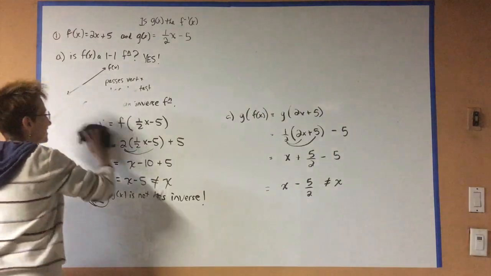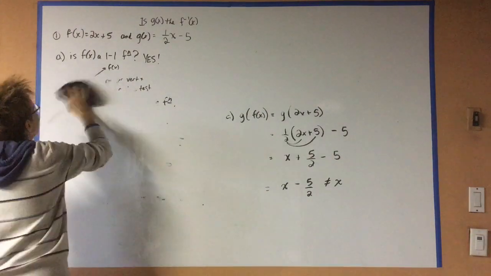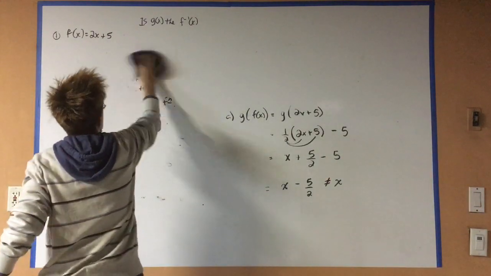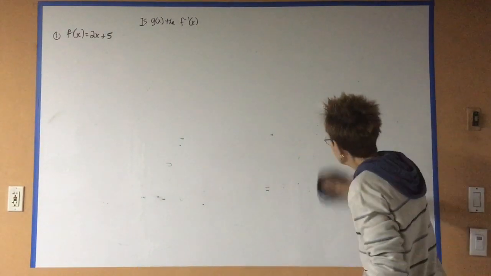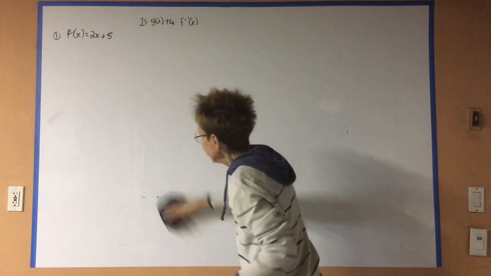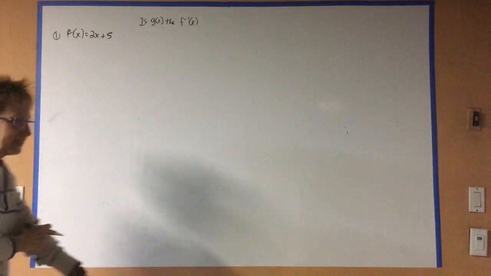So the second one, I said, all right, let me try this again. Let me manipulate g of x one more time and see if it's the inverse to 2x plus 5, because I sort of saw what was going on here when I did the f of g of x and g of f of x. Really not.